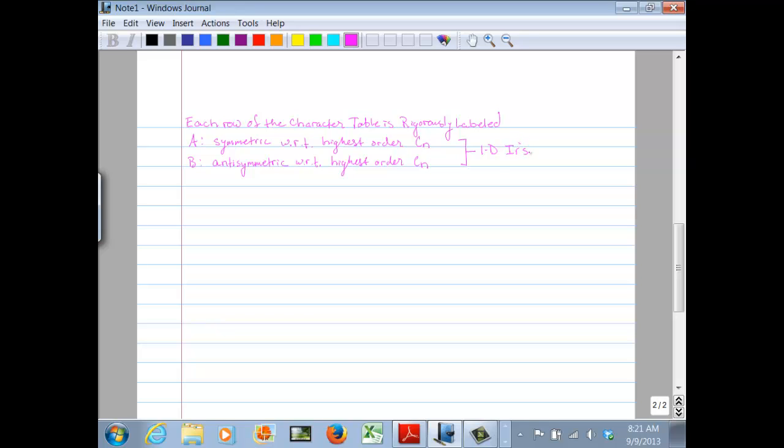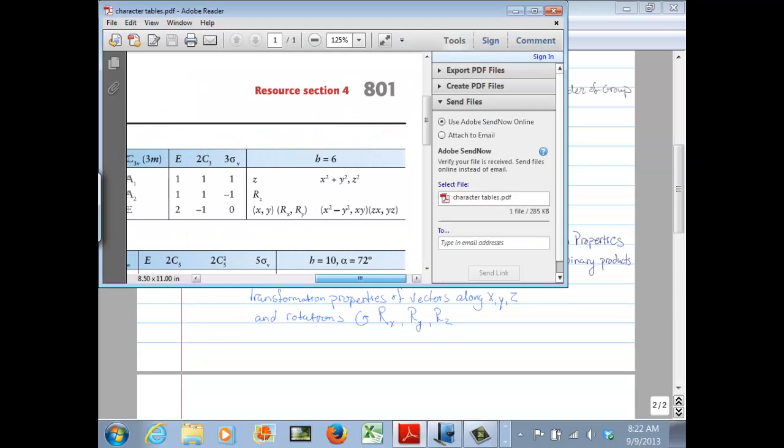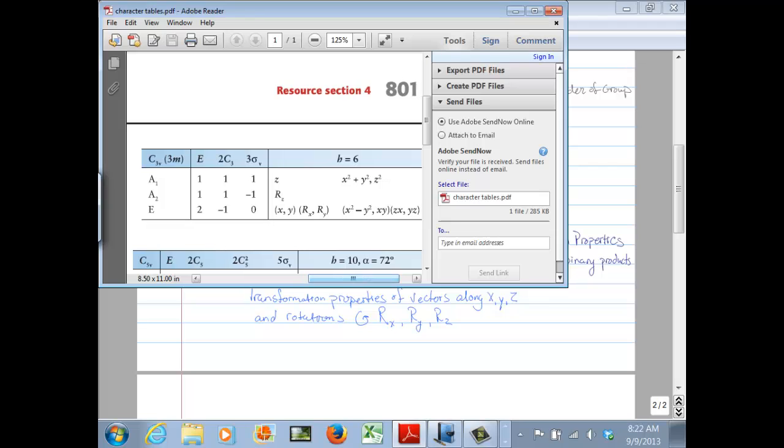And what that means, if I go to C3v, right there, see how this one's not an A or a B? This one has two different things in parentheses. This is saying that these two will always transform together. To have this E symmetry, they need to be together.